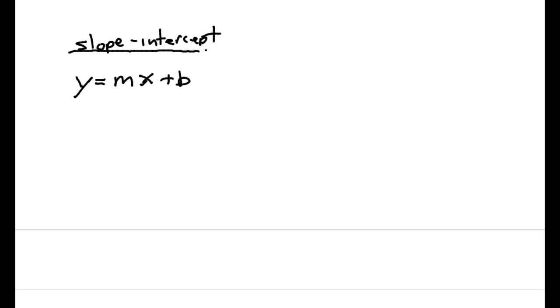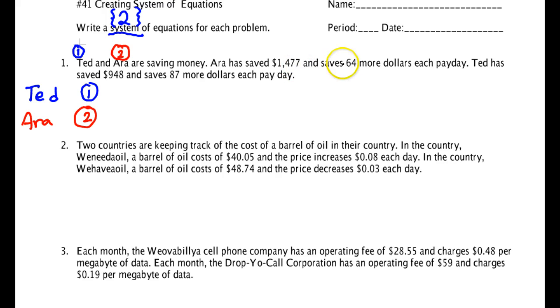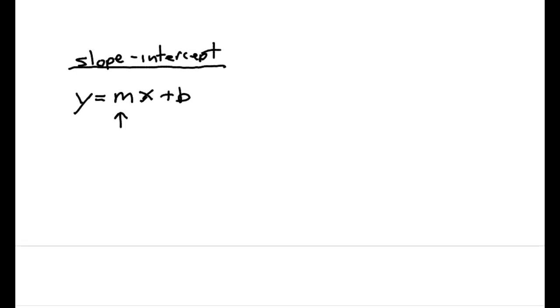And what are some key words that give it away that a number is a slope? Looking at this, what are some key words that say, this is the slope because it has these words, or this is the y-intercept? One of those was "each," like $4 each day, each year.